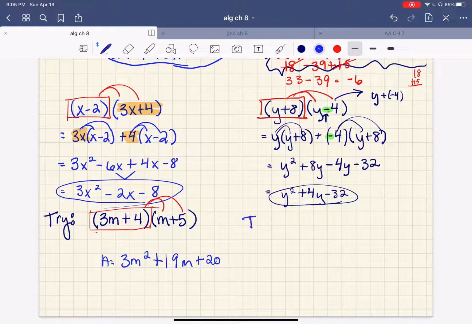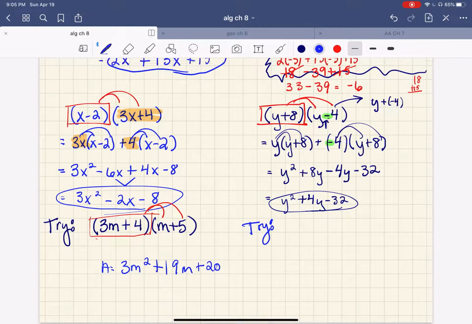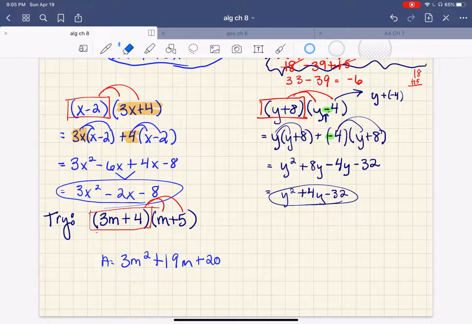Let's do one more try problem. Nah. Let's not. Let's just move on to the next thing. So this is one of our ways of multiplying binomials.